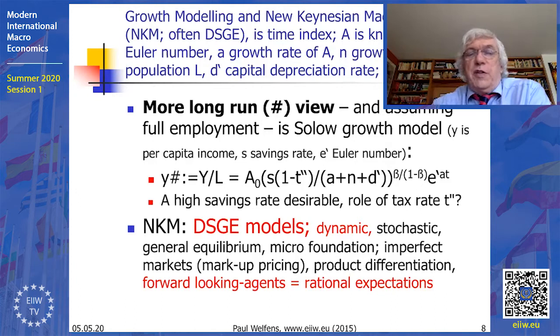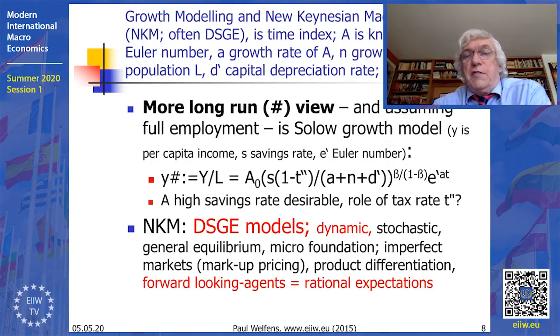General equilibrium means, okay, this is a model where you should have equilibrium in goods markets, in labor markets, in the foreign exchange market, and of course also in the bond market, so in the loan market.